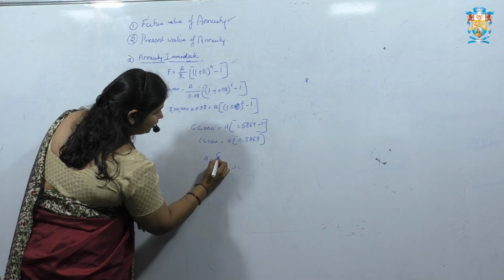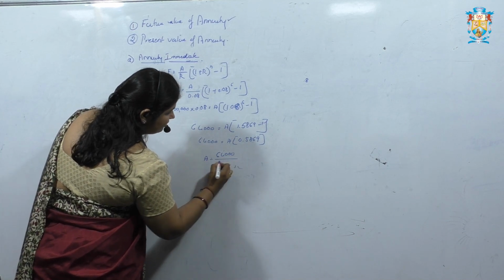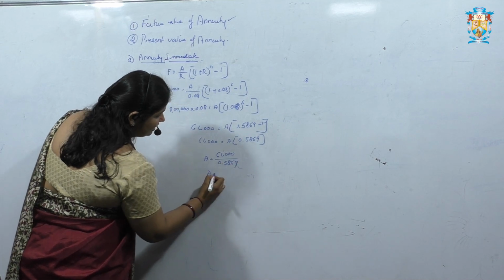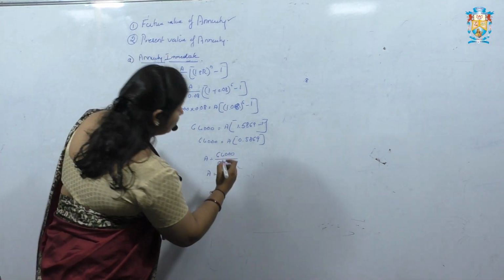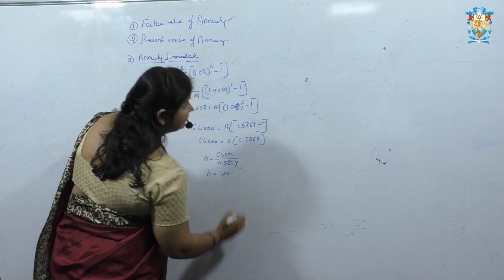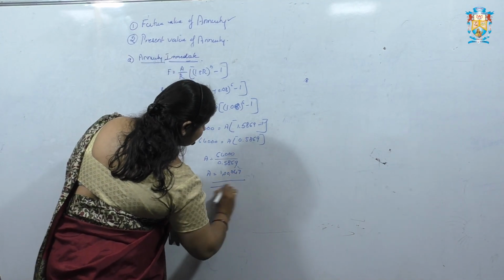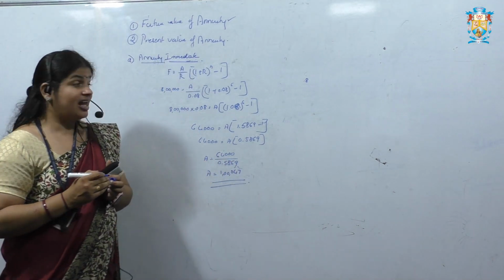A is equal to 64,000 divided by 0.5869. So our final answer will be 1,47,000 rupees.